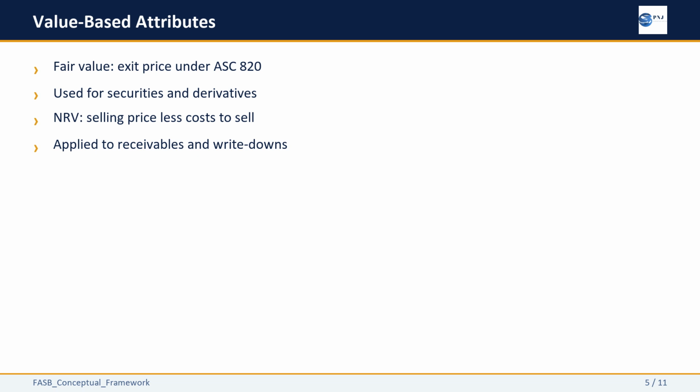Net realizable value, or NRV, is expected sales proceeds minus the costs of completion and disposal. You will see NRV in receivables net of allowance, inventory write-downs, and assets of discontinued operations. These attributes capture current economics at the cost of relying more on judgment.